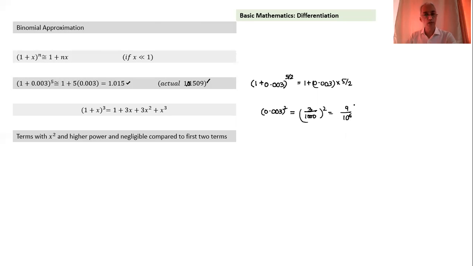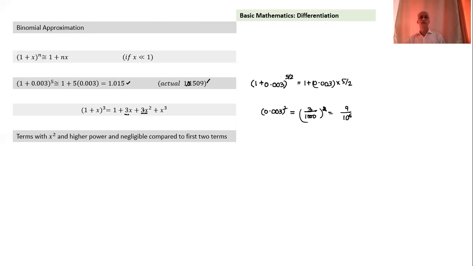So what we notice here is, if the number is very small, its square and higher powers become even smaller. They become negligible. So when we compare these two numbers, if x is 0.003, this number will be 0.003 times this number, so it becomes negligible.